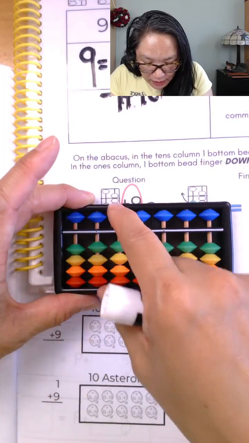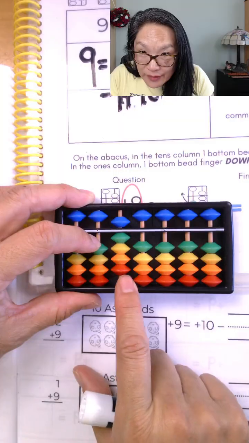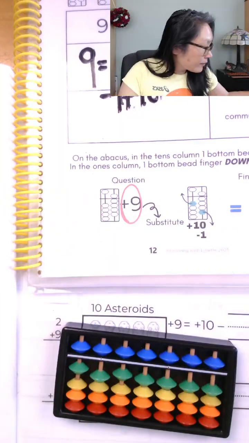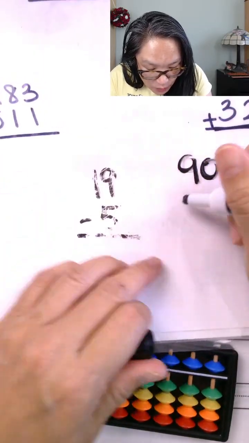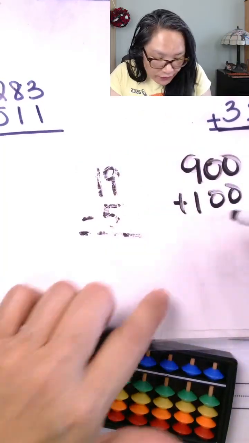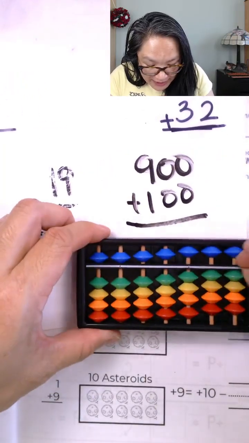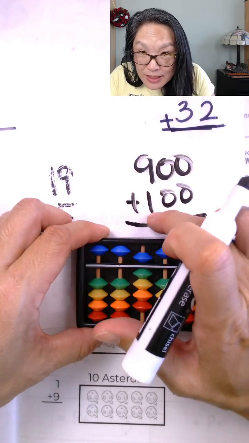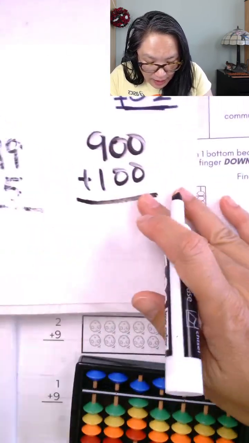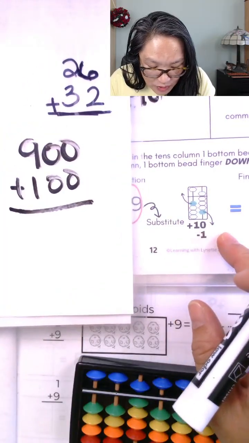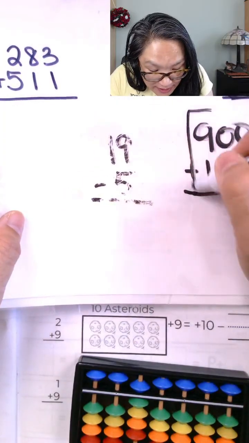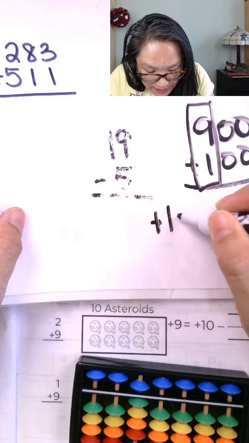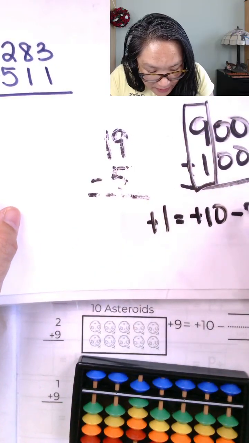If I said 900 plus 100, let's say, I'm not going to say 10,000 plus minus 100. All I'm going to say is this: plus 1 is equal to plus the 10 minus 9.